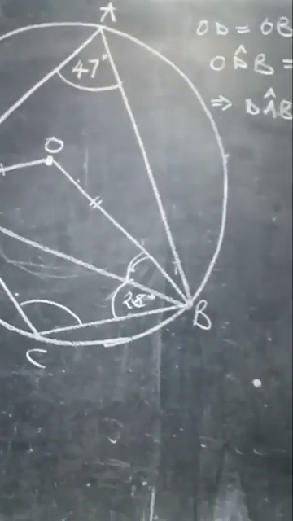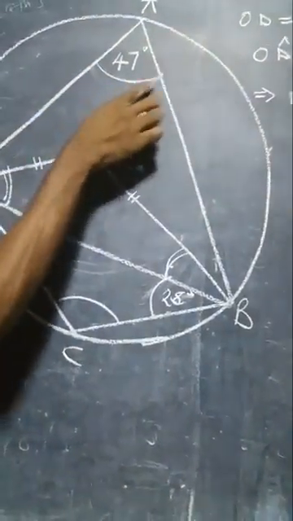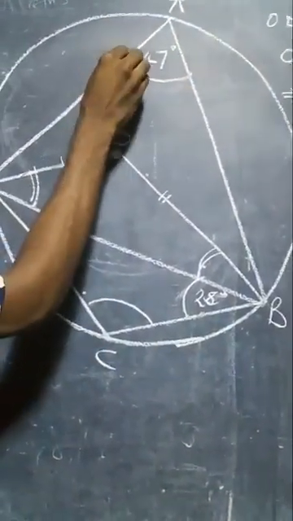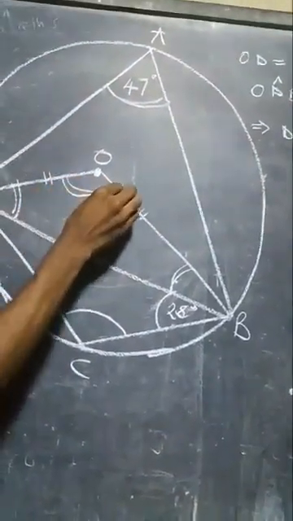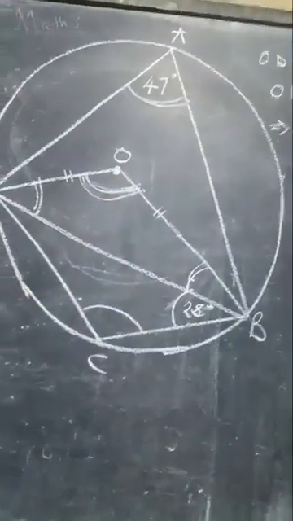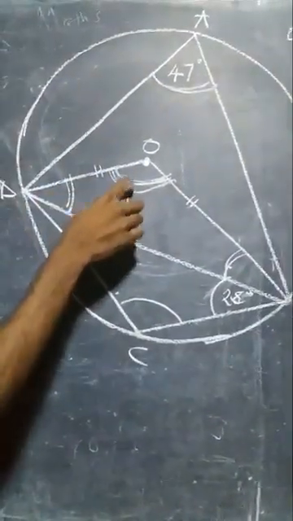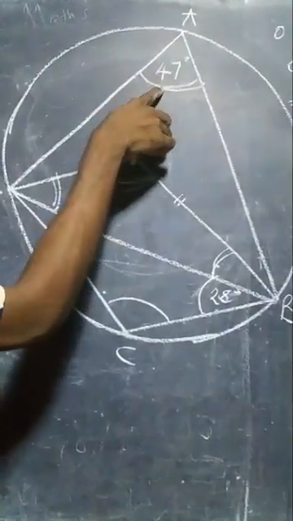Now, what we have here is that this is an angle at the circumference, and this is the angle at the center. So what's the rule? The angle at the center is twice as much as the angle at the circumference.